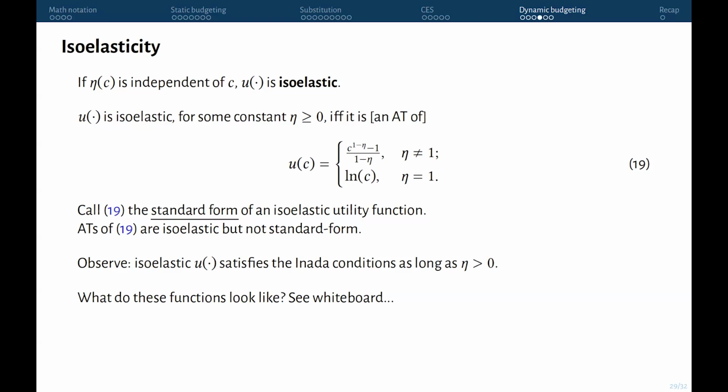As consumption goes to infinity, utility goes towards some ceiling. And you can see what the ceiling is, right? As c goes to infinity, if eta is greater than 1, this expression is going to 0. And so that ceiling is going to be negative 1 over 1 minus eta, or 1 over eta minus 1.